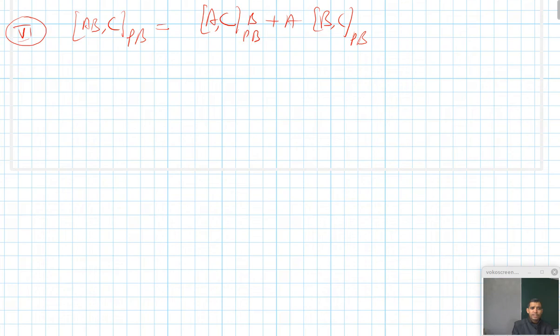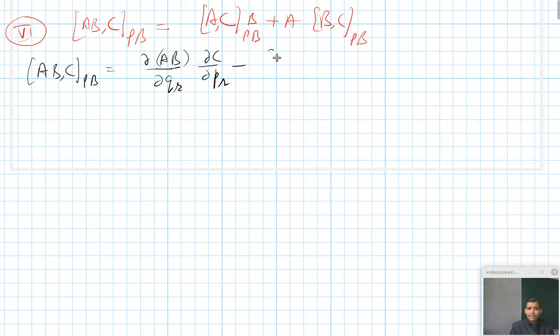So for this, let us consider [AB, C], which is the summation over r of ∂(AB)/∂q_r ∂C/∂p_r minus ∂(AB)/∂p_r ∂C/∂q_r. Let me apply the product rule here.